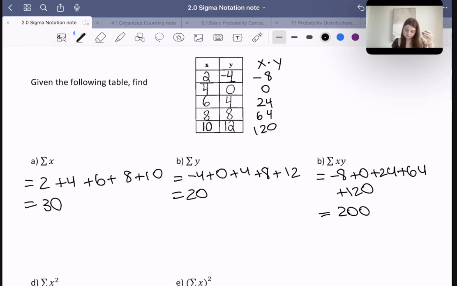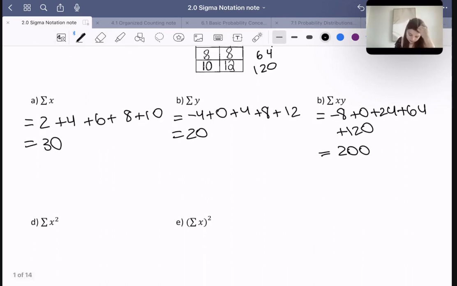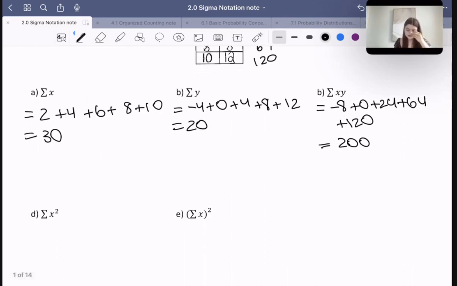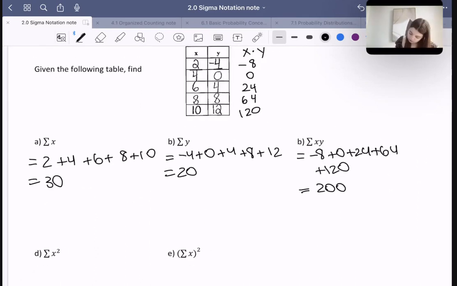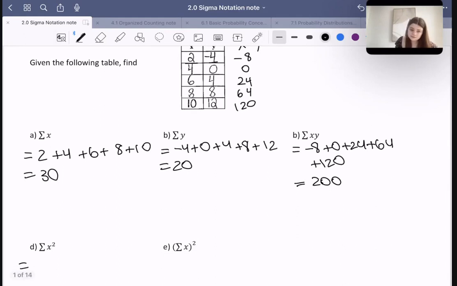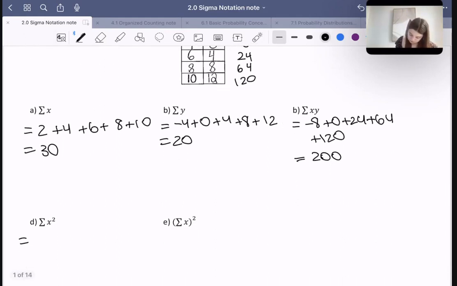Good. Now here, they would like the summation, right? The addition of all the x squared values. So we have the x values. We need to square them and then add them up. So 2 squared is 4. So 4 will be my first value here. Equals 4 plus, let's see, 16 plus 36 plus 64 plus 100, right?